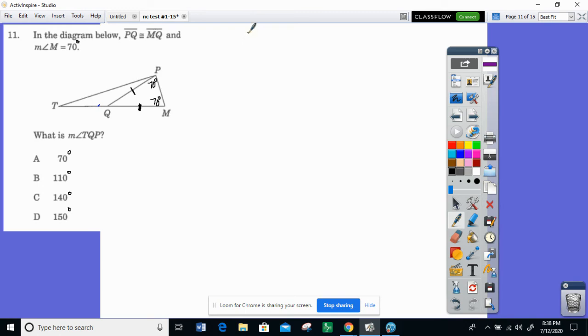So now we can use that same work that we had shown. It's just the 40-degree angle is going to go here for the measure of angle PQM instead of up here, okay? Now we're looking for the measure of angle TQP, which is going to be here.